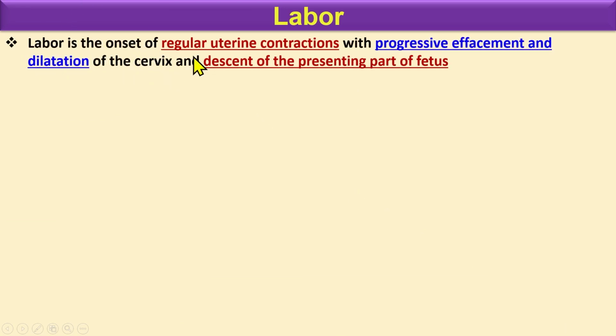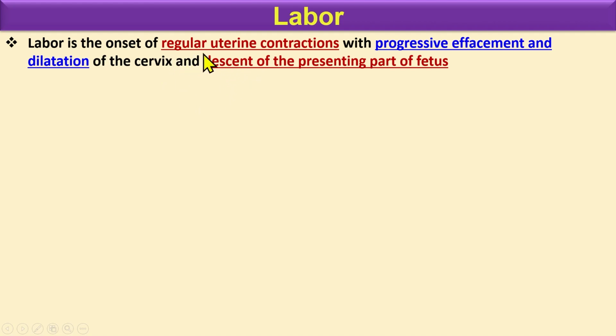Labor is the onset of regular uterine contractions with progressive cervical changes. What are the changes? Progressive effacement and dilation, and the descent of the presenting part of the fetus. All the components of this definition are important.